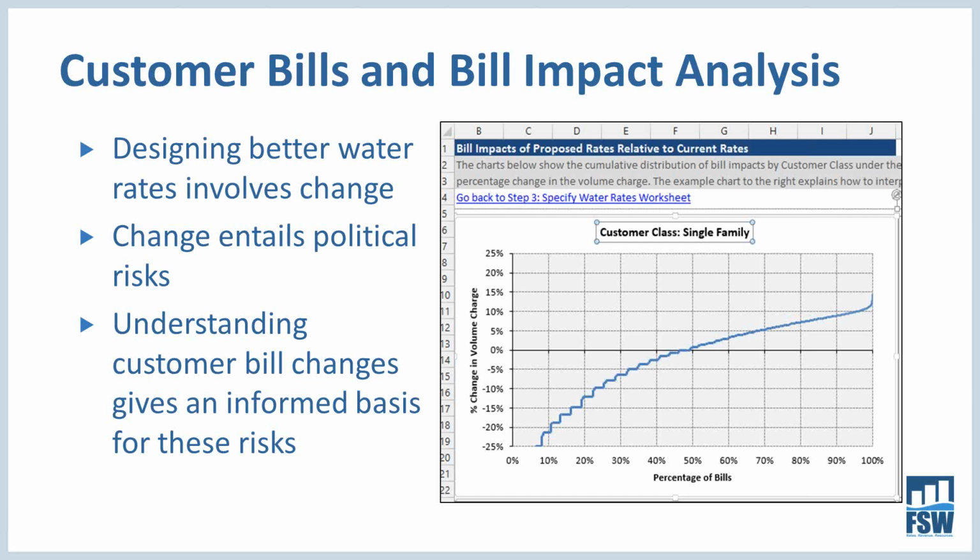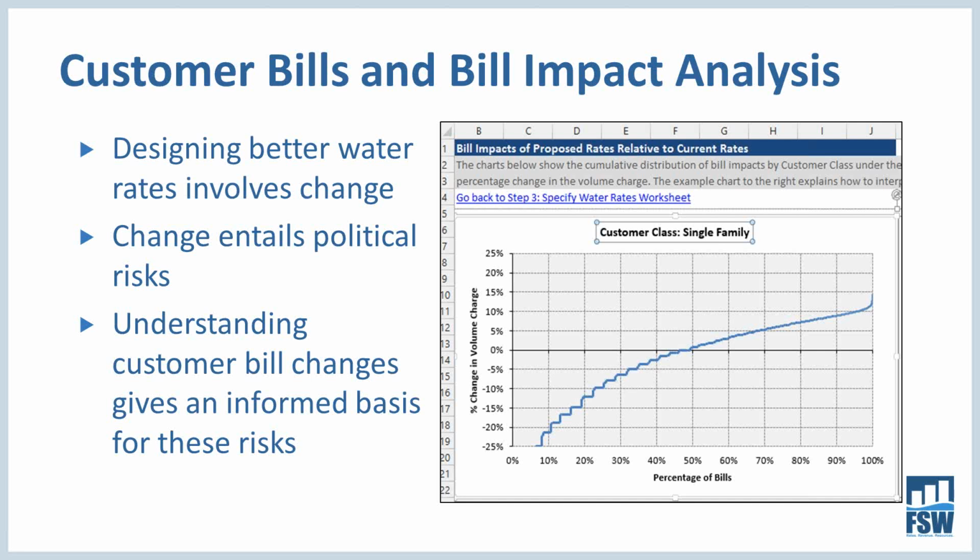Part of the output of this model is information on how a change in water rates will affect not only different customer classes, but different customers within a customer class. It has a fairly sophisticated section of before and after, comparing a pro forma change, showing what the bill impact is for customers across the entire customer class.